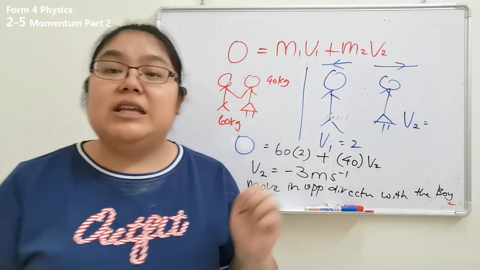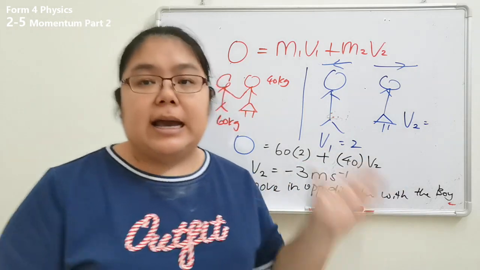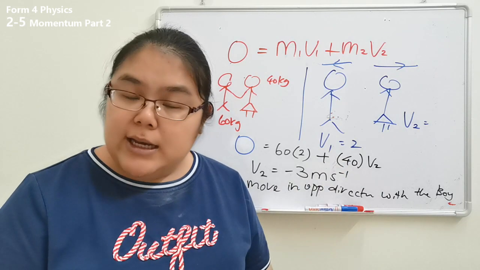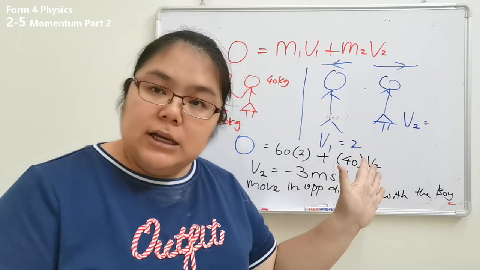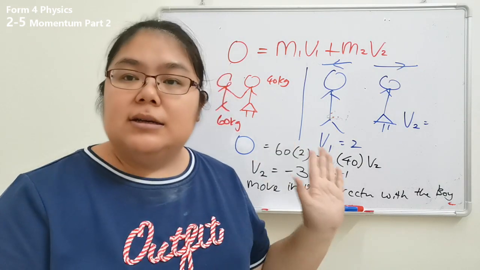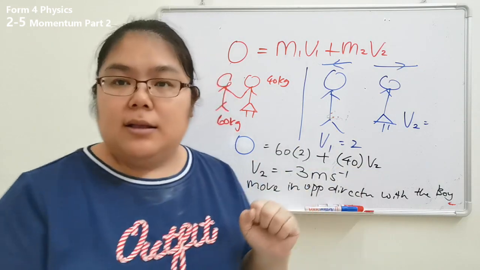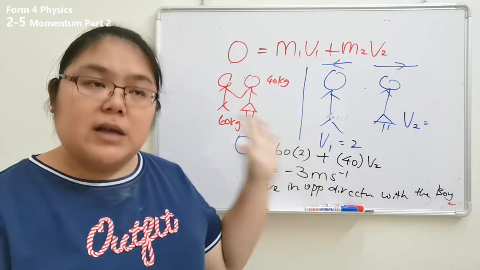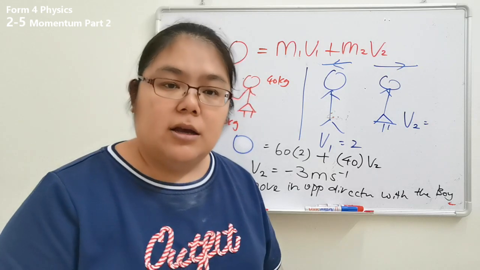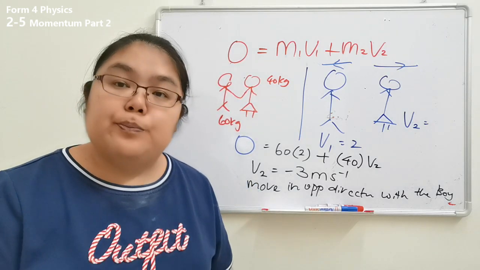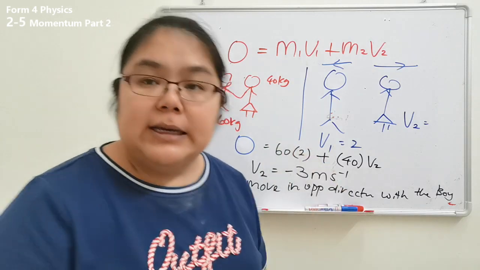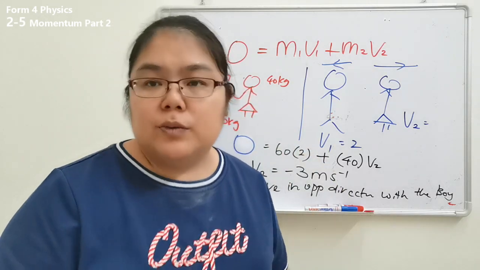Okay, now we're going to see the differences between elastic and inelastic. First one: for elastic, when they hit together, they separate. They never stick. Before they are separate, after the hit they are also separate. For inelastic, before the hit you are separate, after the hit you are stuck together.